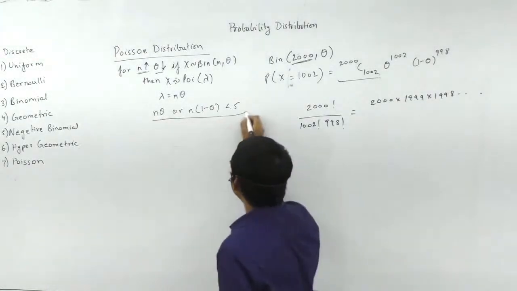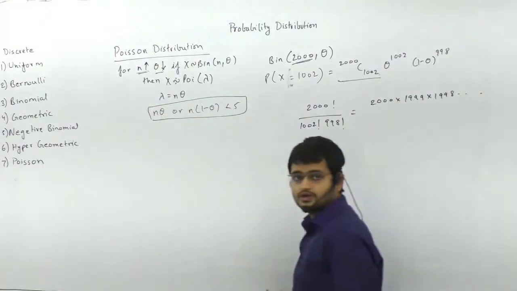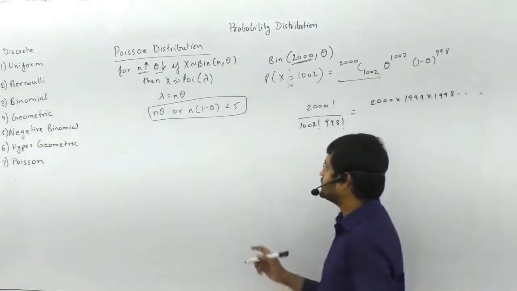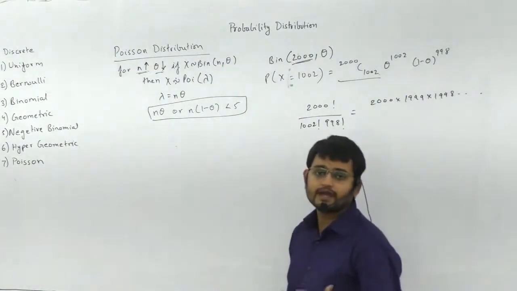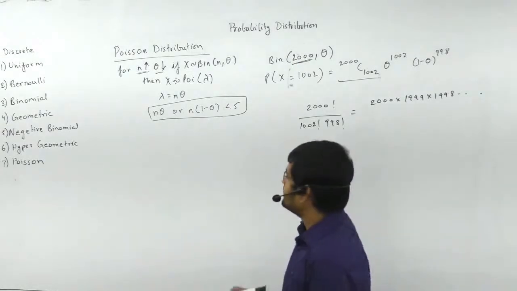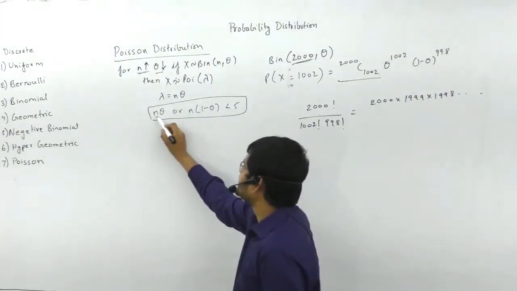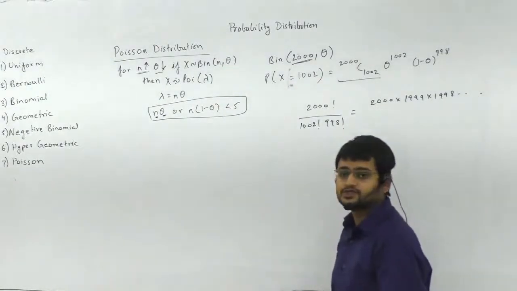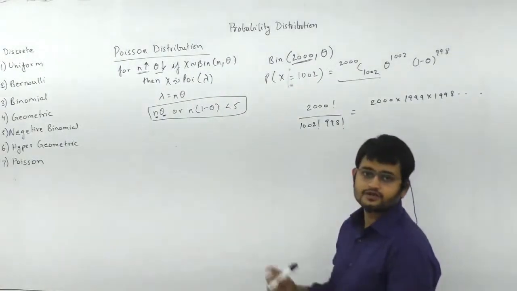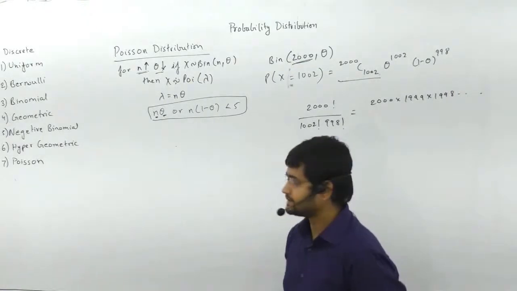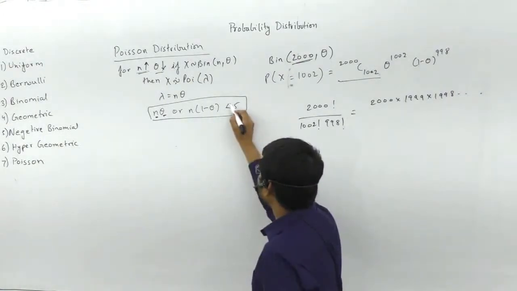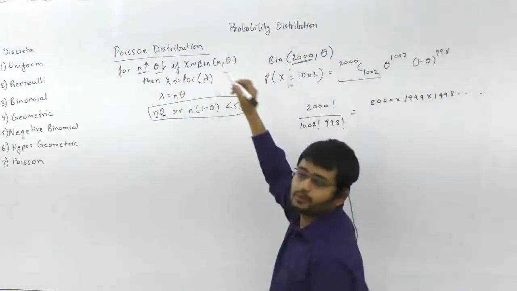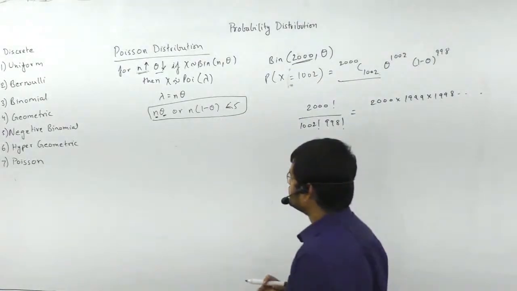Now, this is not a fixed value. Even for greater than 5, we might consider it, but what happens when we have n large as well as theta large, we convert our binomial distribution into normal distribution that we are going to study in chapter 8. So, right now, we are going to only see Poisson approximation of the binomial distribution.